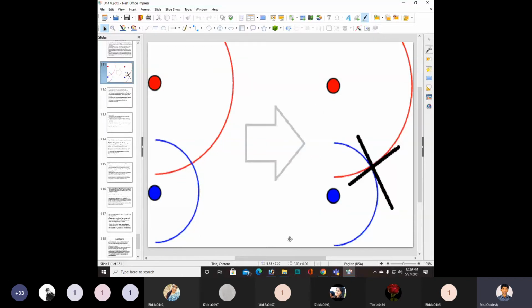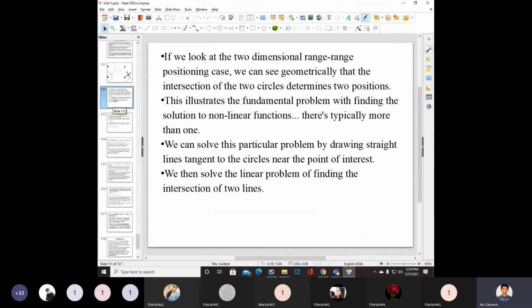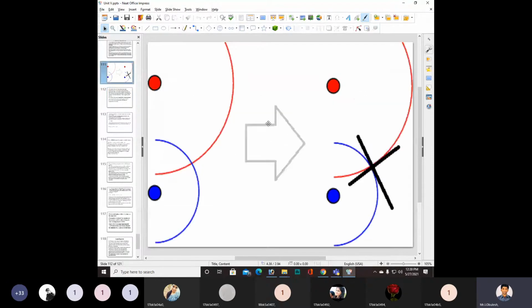The intersection of two circles determines two positions. So this makes the fundamental problem with finding the solution to a non-linear function. Particularly, you need to draw the straight line tangent to the circles near the point of interest, then solve the linear problem of finding the intersection of two lines, what we have in this diagram.